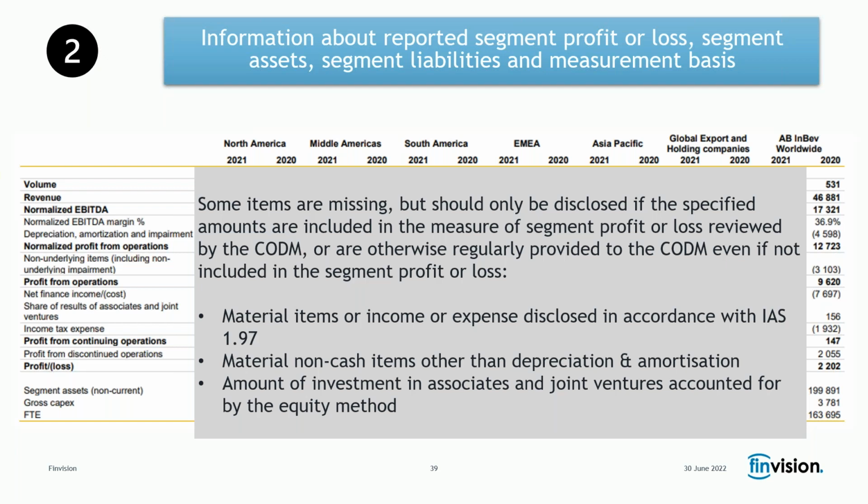This is your carrying value of the associates and joint ventures, which are accounted for based on the equity method. So if this is available again, then there is a requirement to include that.